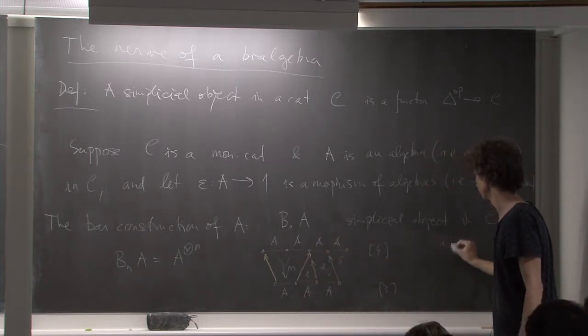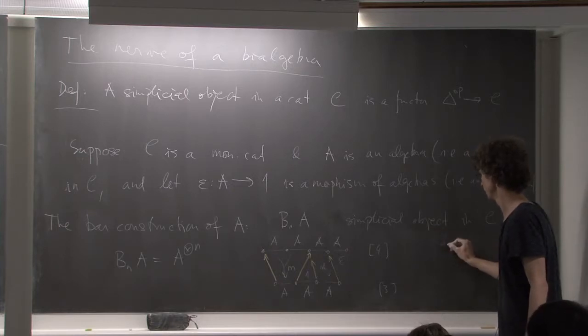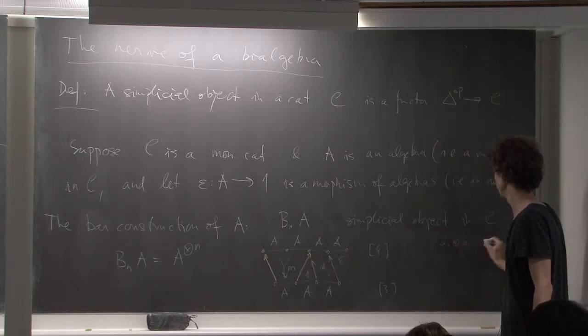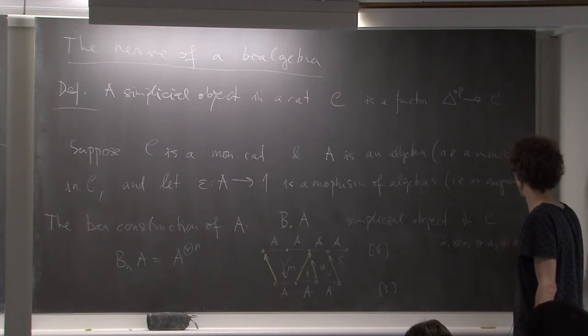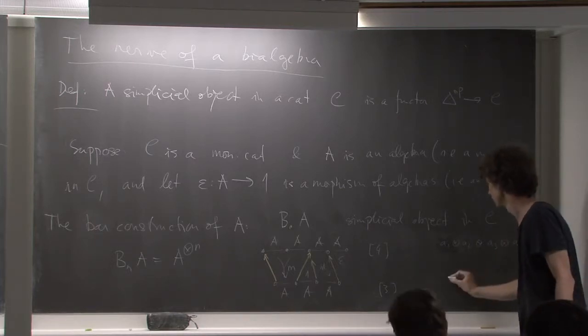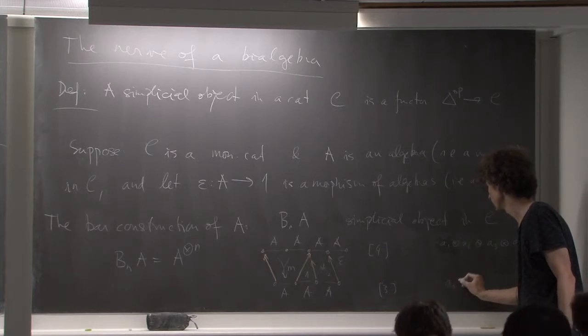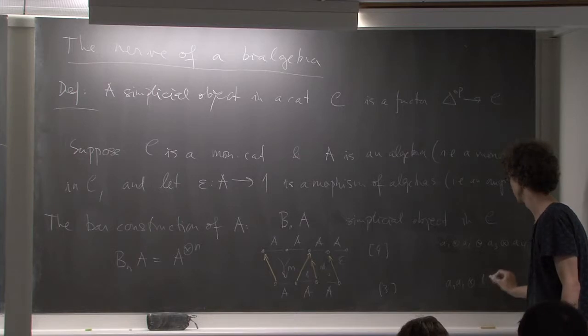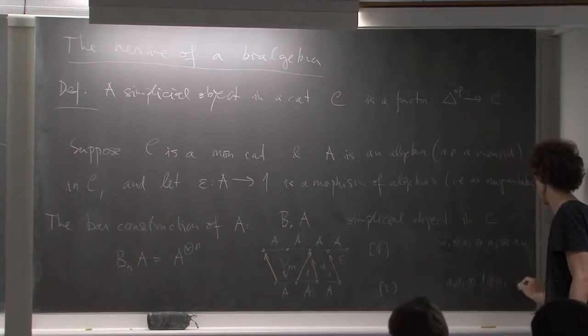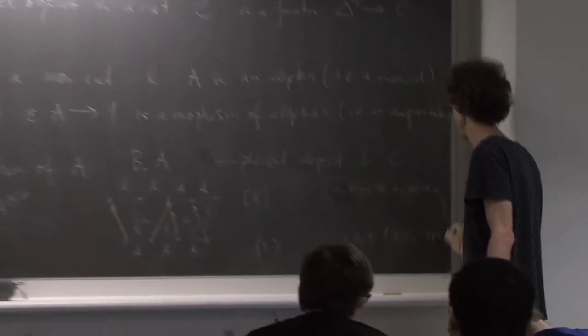Or if you wish, morally, if I draw it as A1 tensor A2 tensor A3 tensor A4, then what we are getting here is A1, A2 tensor 1 tensor A3, and simply times epsilon of A4.